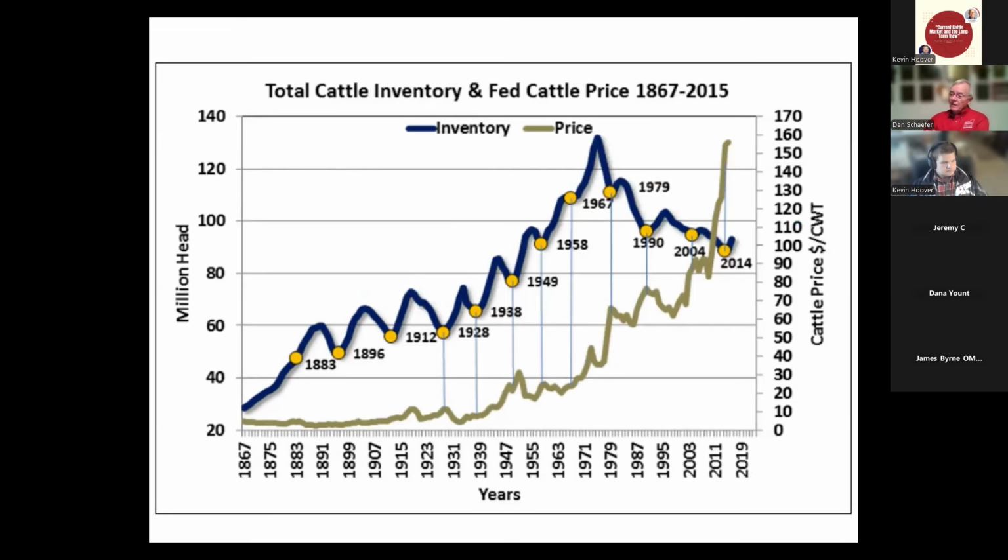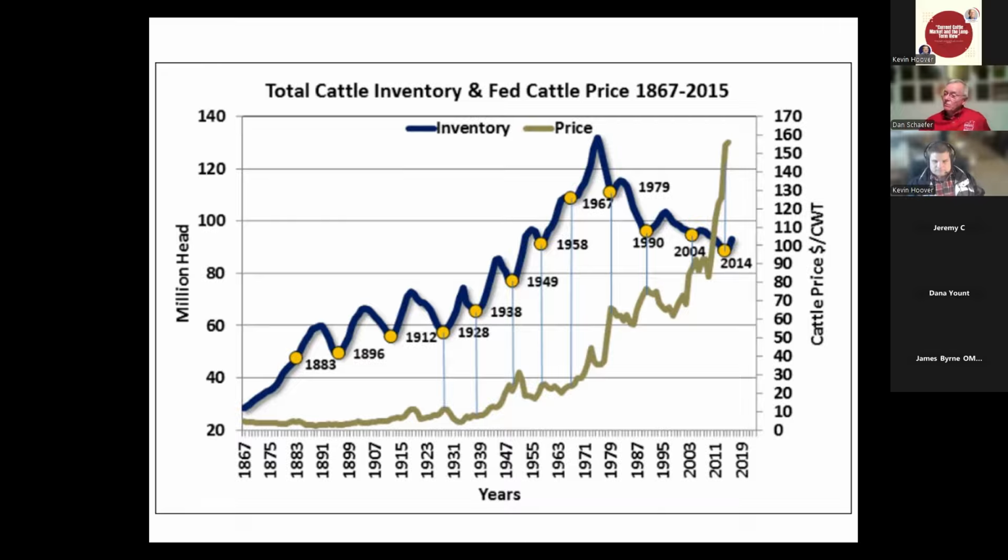On this slide, I have associated the beef cattle, or the total cattle inventory, with cattle prices, fed cattle prices from 1867 through 2015. And what I want you to notice is that typically each yellow dot is associated with a peak in fed cattle price.